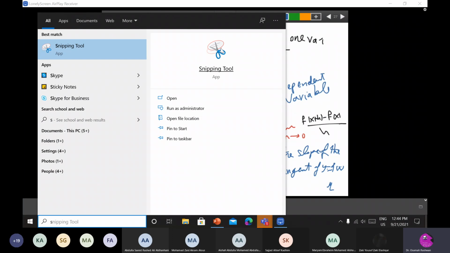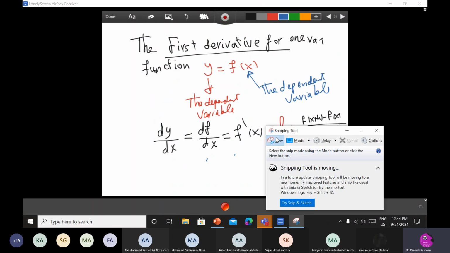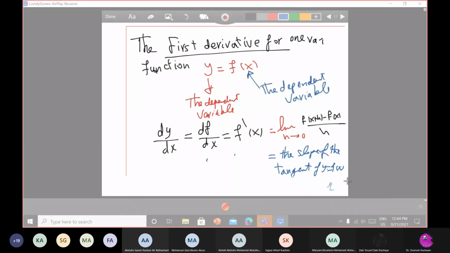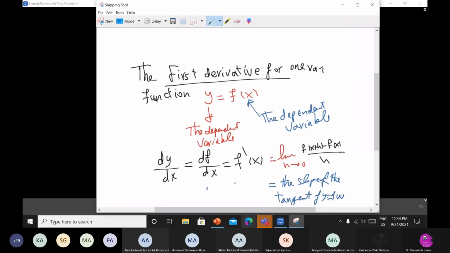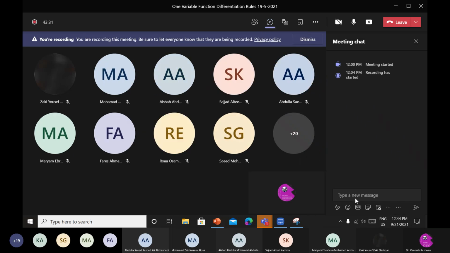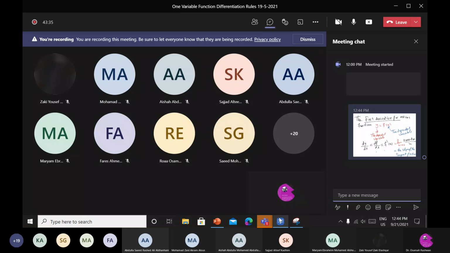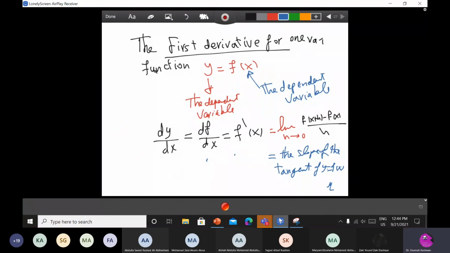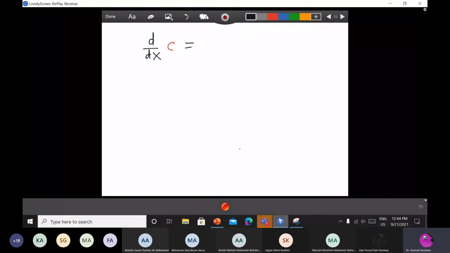You will have rules to use for the derivative. What is this rule? I said d by dx, if I have any constant c, this derivative will equal to what?